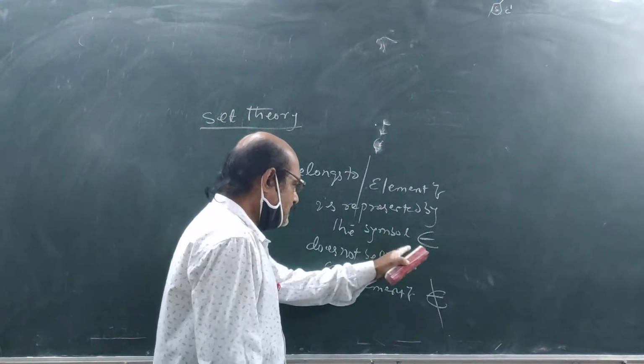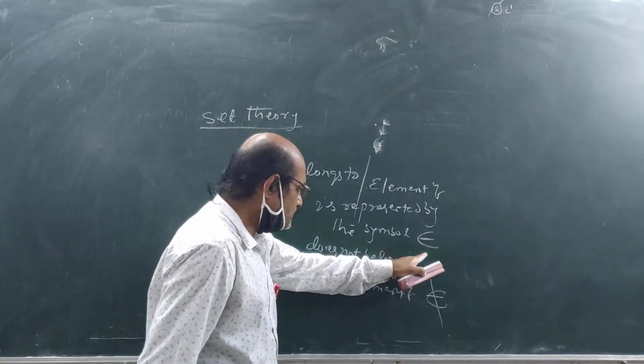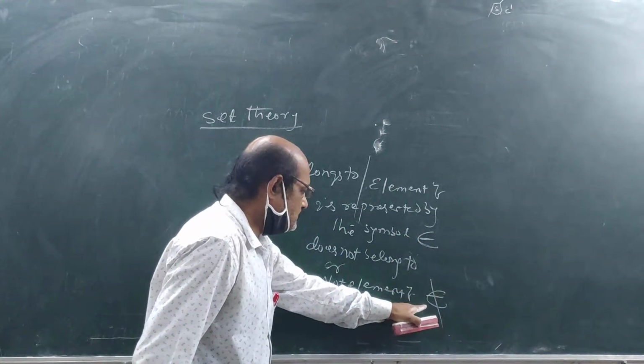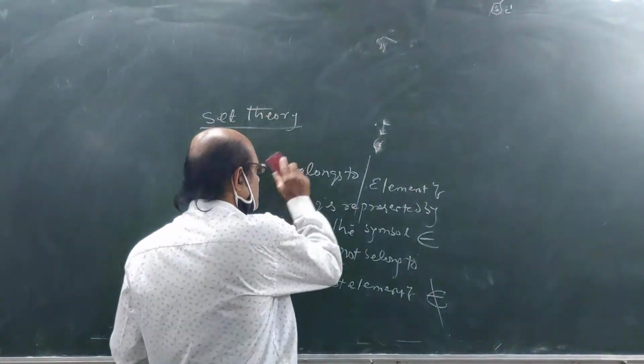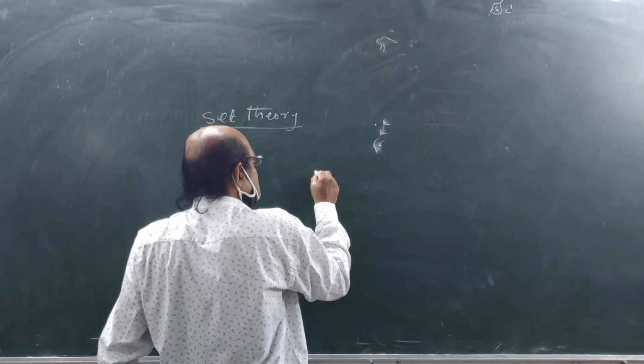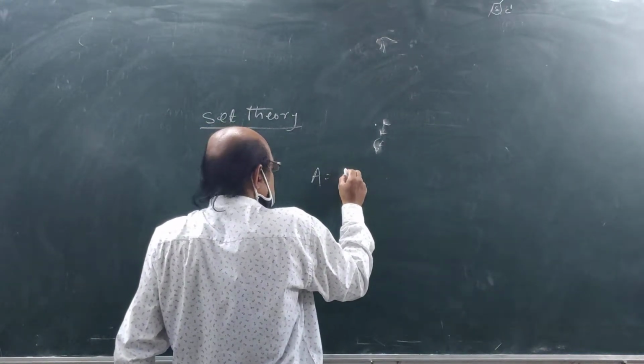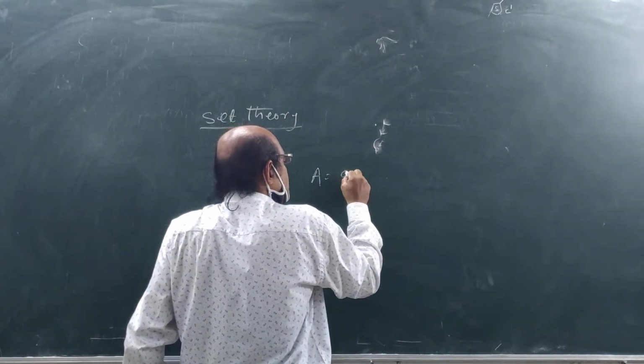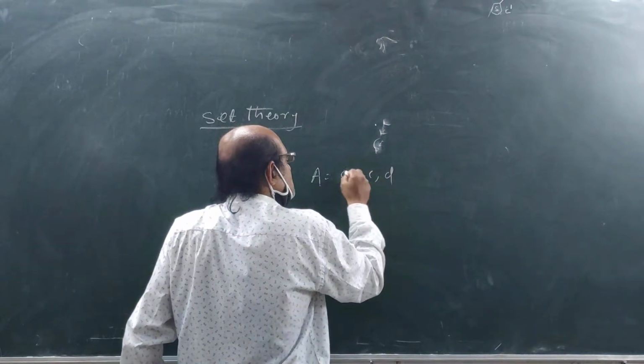Okay. So I will take some examples of belongs to, or element of, and does not belong to, or not element of. For example, A is a set equal to {a, b, c, d}.